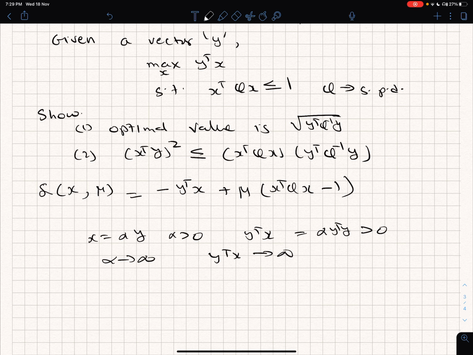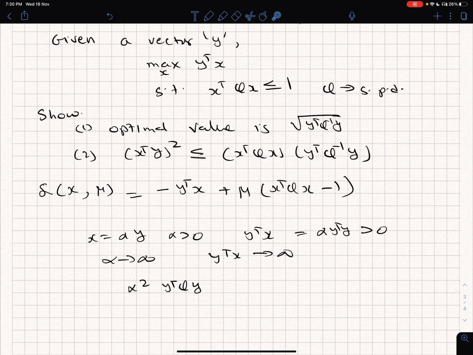But as I do this, the constraint value becomes alpha square y transpose Qy: alpha from here, alpha from here gives alpha square, and y transpose Qy is a positive number. If alpha tends to infinity, this whole thing will also go to infinity, which means that at some point it will become equal to 1 and overshoot it.